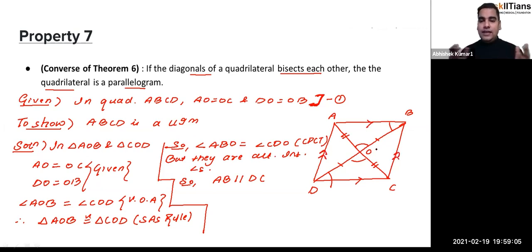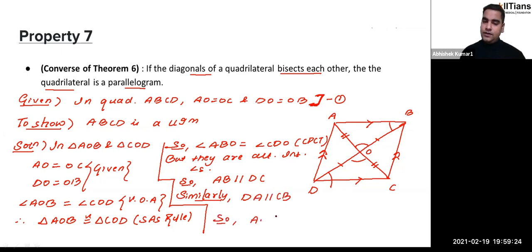Because AB is parallel to DC and AD is parallel to BC, this figure will automatically become a parallelogram. We can say that this figure ABCD is a parallelogram. Understood? That's done.